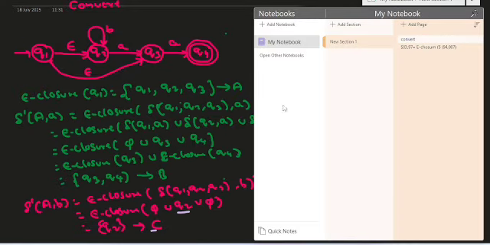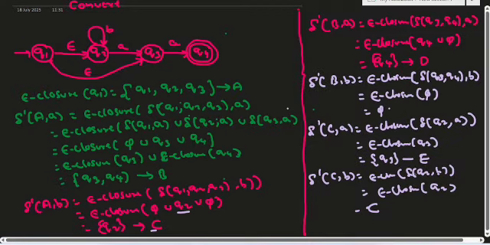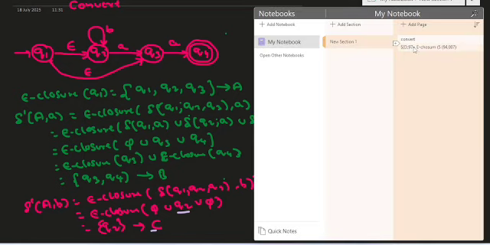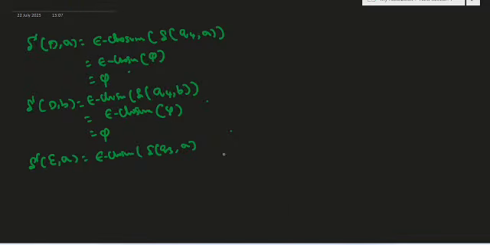E is actually Q3. E is Q3 means it goes to Q4. Epsilon closure for Q4. So when A is applied in Q3, it goes to Q4. So we will get an answer, epsilon closure of Q4.